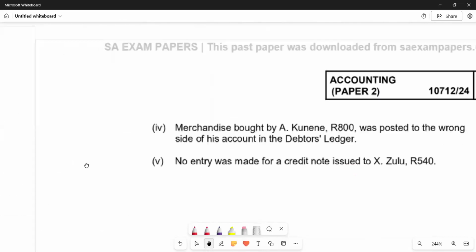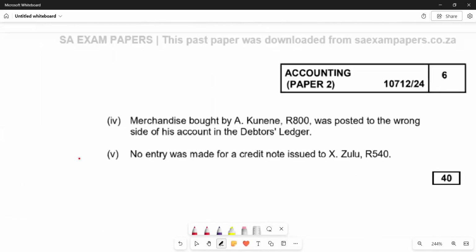So we go to the next one, which is 4. It reads: merchandise bought by A. Kunene, 800 rands, was posted to the wrong side of his account in the debtors ledger. So you see that the debtors ledger is the one which is not correct, which means the journal is correct. And if the journal is correct, it means the debtors control is also correct. So in this case, this error is also going to affect our ledger.